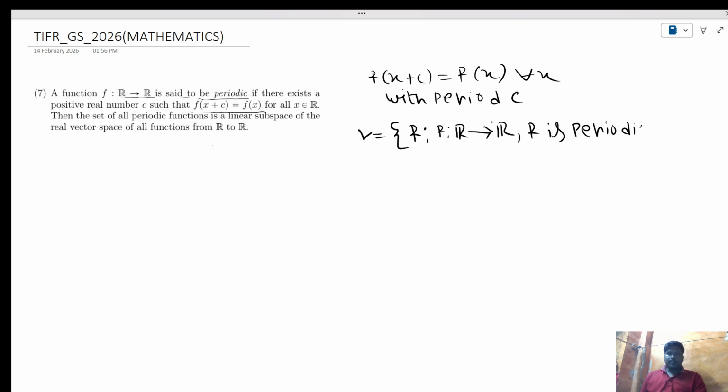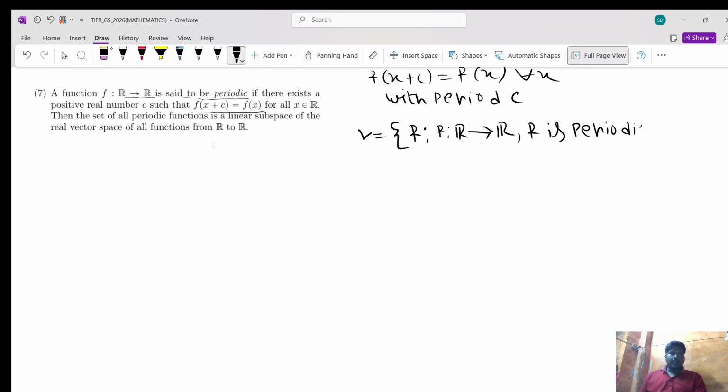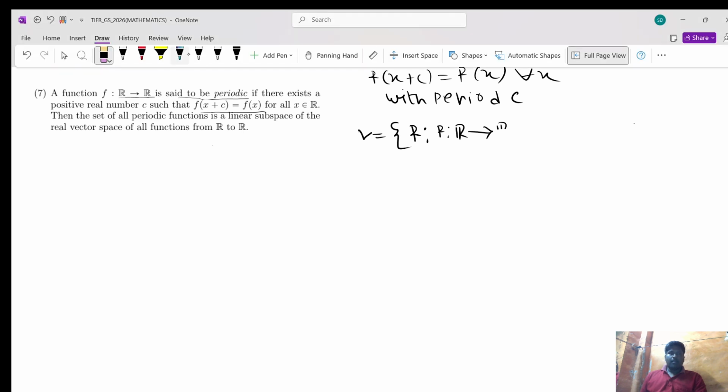This is only given as the vector space of all functions.